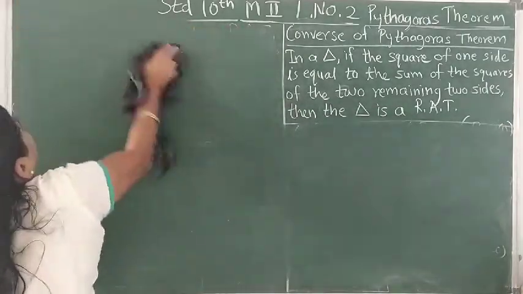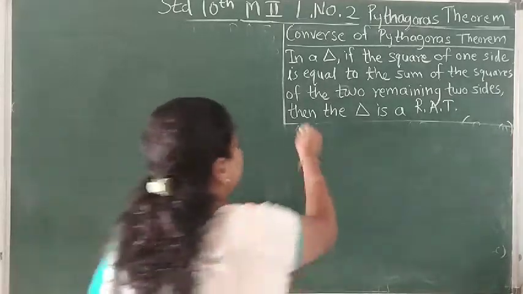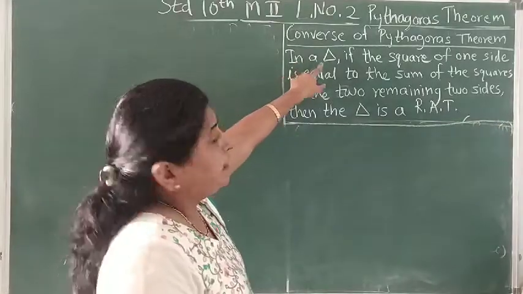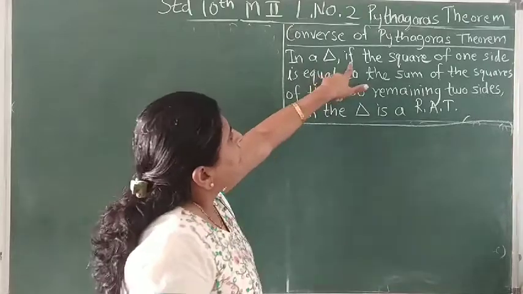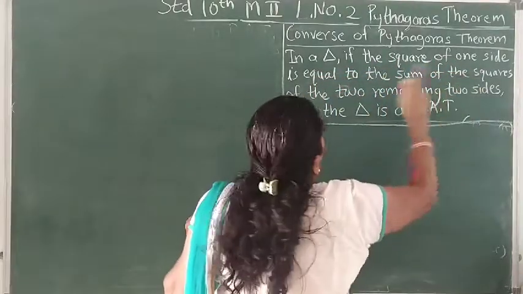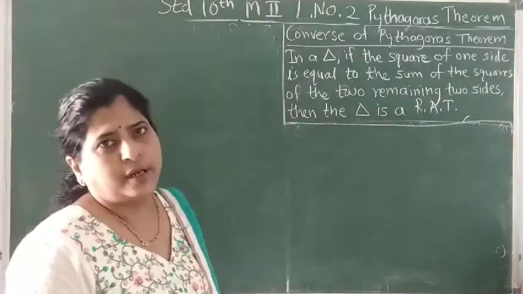We do not want it now. Now the statement is with us. So let's read the statement of the converse of Pythagoras theorem. In a triangle, not necessarily right angle, a simple triangle, if the square of one side is equal to the sum of the squares of the other two remaining sides, then the triangle is a right angle triangle.